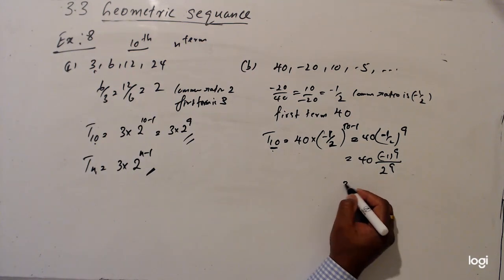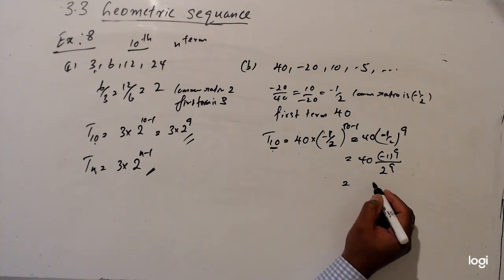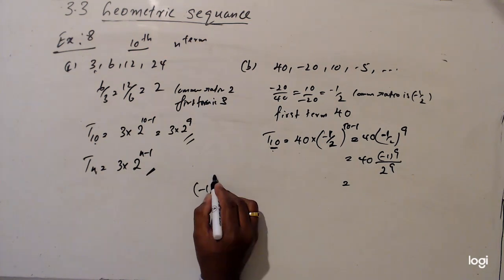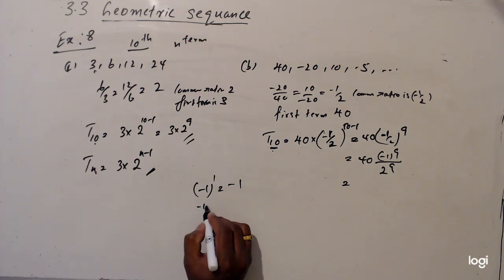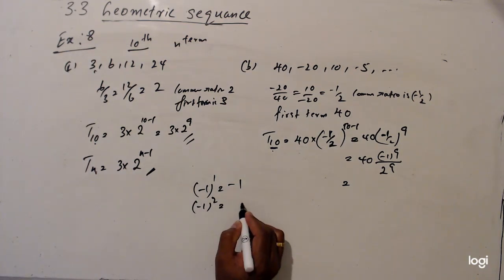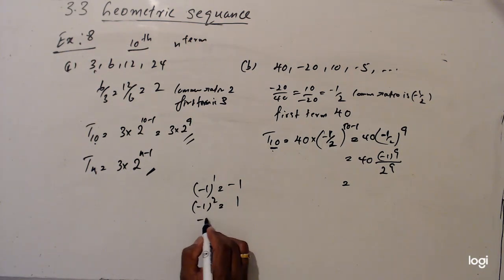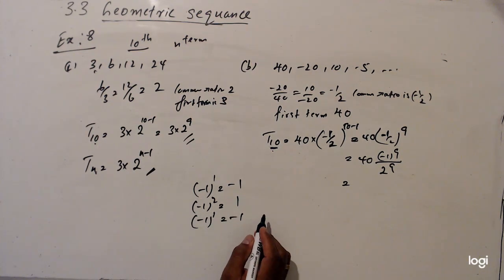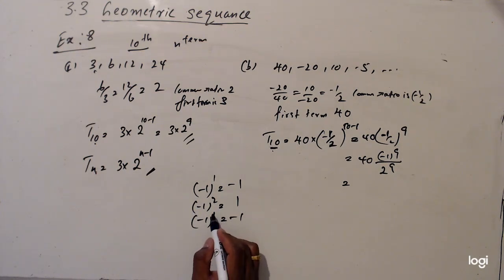And now 40 times minus 1 to the power 9. Minus 1 to the power 1 is minus 1, minus 1 squared is 1, and minus 1 cubed is minus 1. This alternates between 1 and minus 1. So if the power is odd, then it is minus 1.